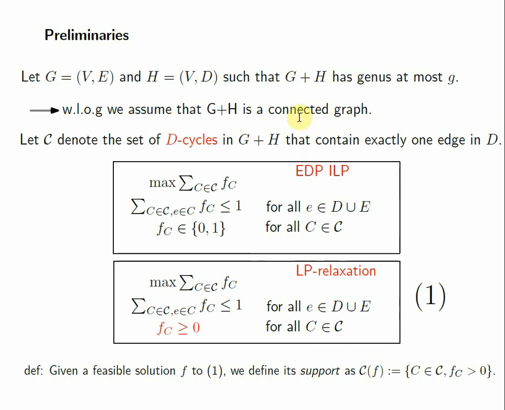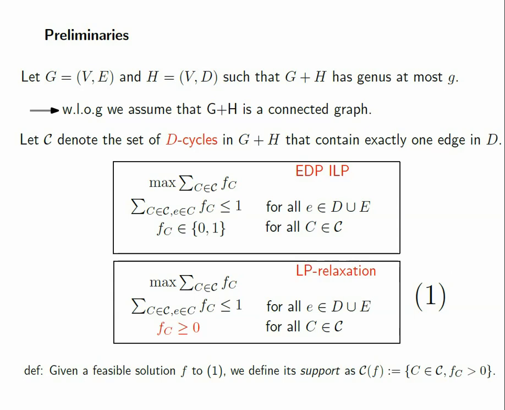So given an input graph G plus H, we will denote E the supply edges, and D the demand edges. We can assume without loss of generality that G plus H is connected.